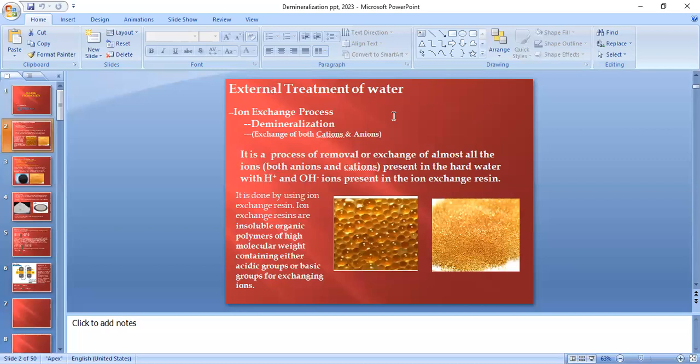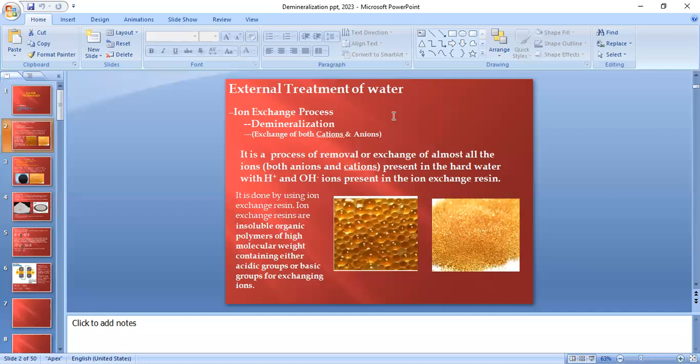This takes place externally, that is outside the boiler, before feeding the water into the boiler. This process is also known as the ion exchange process because the principle involved is ion exchange reactions. It is also known as demineralization.